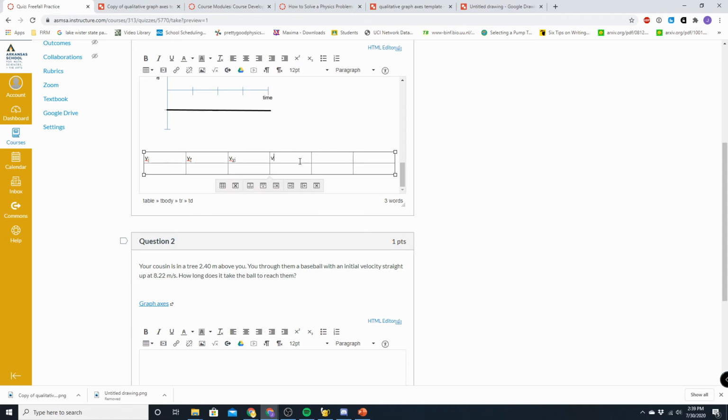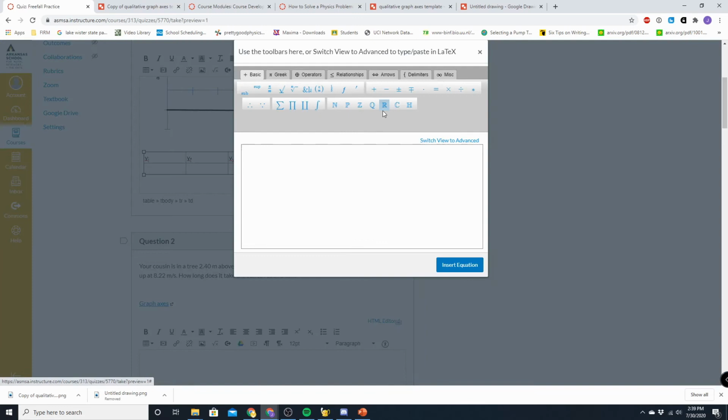We have velocity in the y direction final. We have the acceleration in the y direction. And then finally, we have the change in time. The best way to get that is to add an equation, go to Greek, delta t.